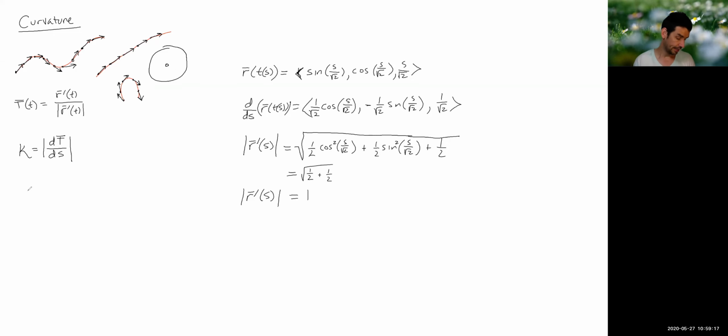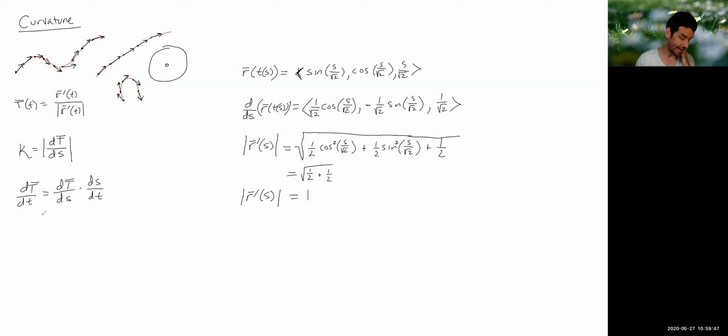Notice, if we use the chain rule and take the derivative of our unit tangent vector with respect to t, we get this, where s is a function of t, so you're using the chain rule here, okay?